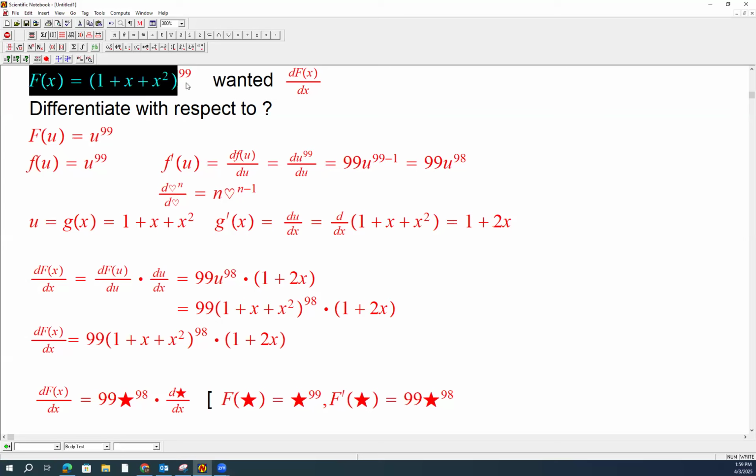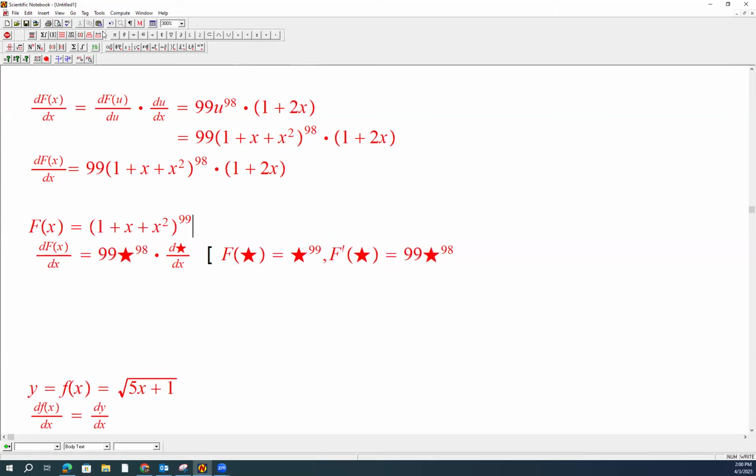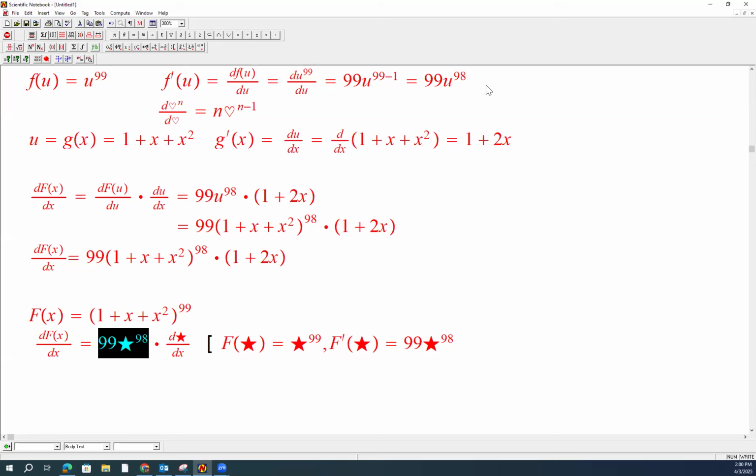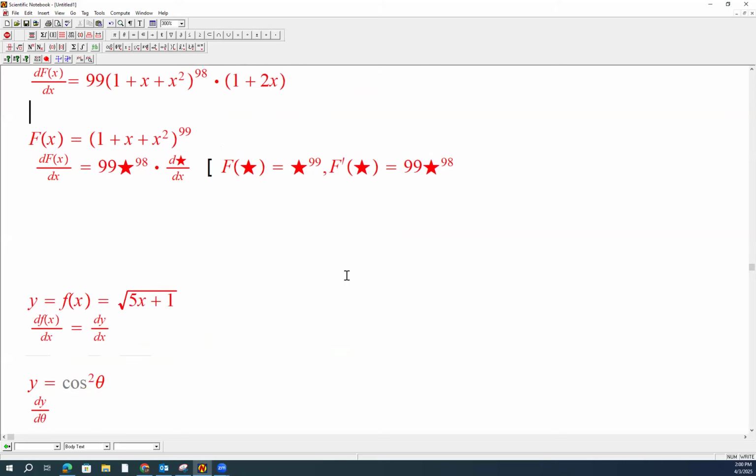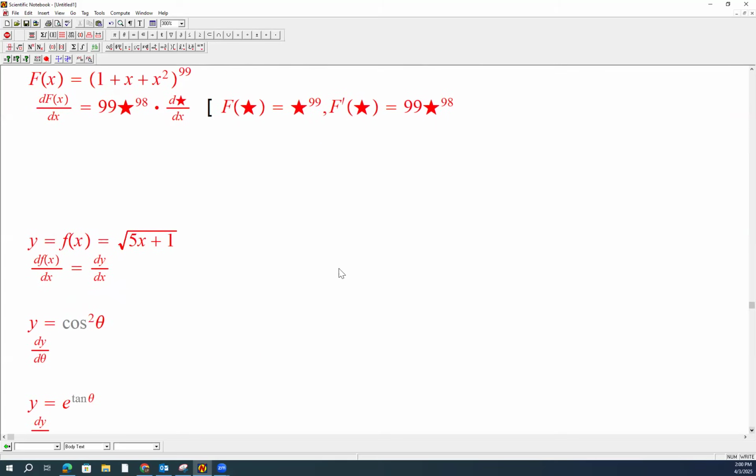So you think of it as differentiating bologna to the power 99 with respect to bologna, which gives you a 99. At the same time, you're applying the power rule right here. And then we come back to take care of the bologna, because we have to take care of the bologna.